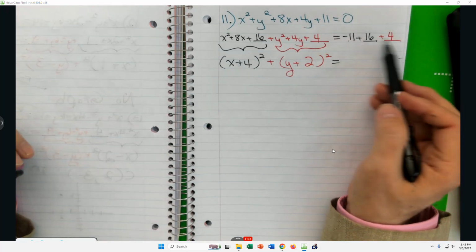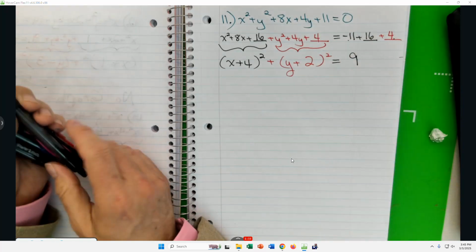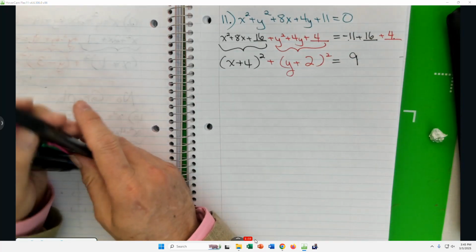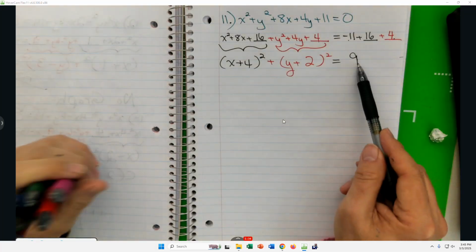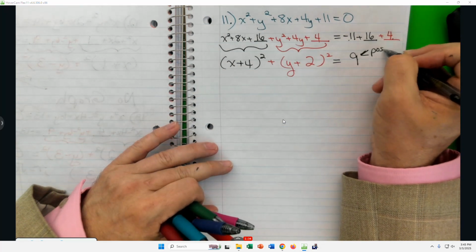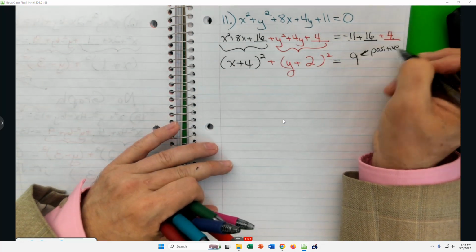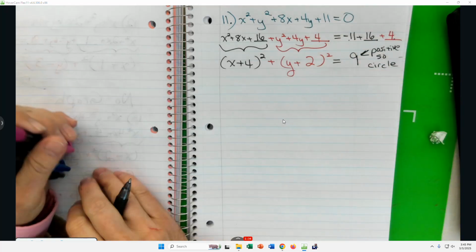Negative 11 plus 20. I agree with the positive 9. Is this a circle, a point, or a non-existent graph? It's a circle. How do you know that? Because that number is positive. So the graph is a circle.